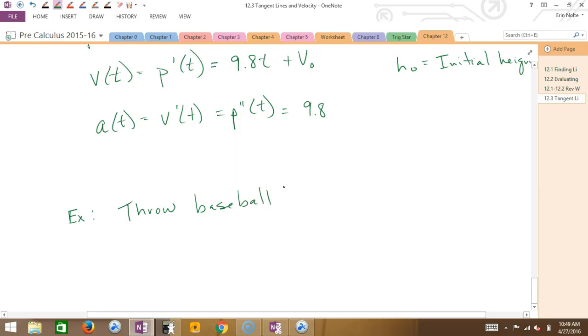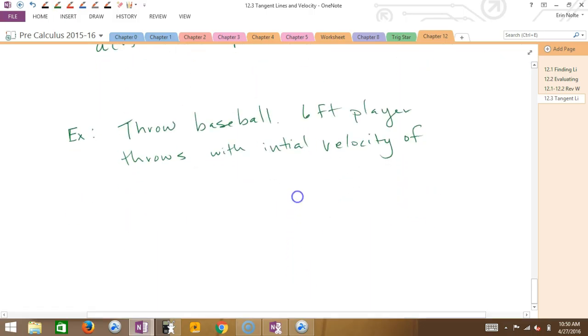Okay, so let's say a 6-foot player throws with an initial velocity of, let's see, what would you throw a ball at?